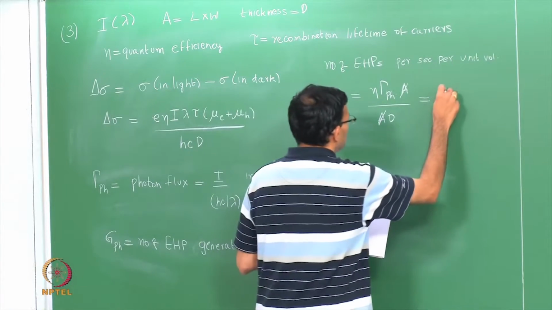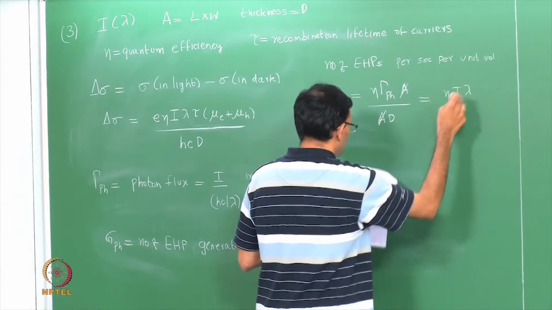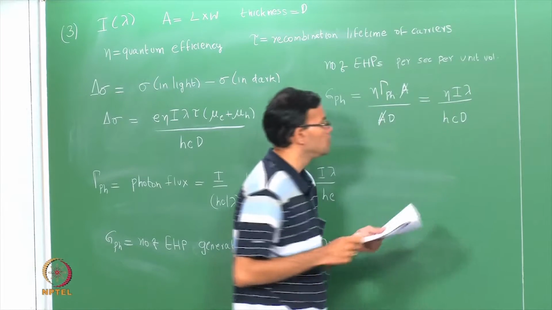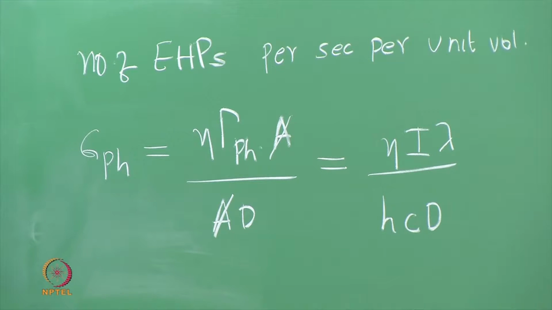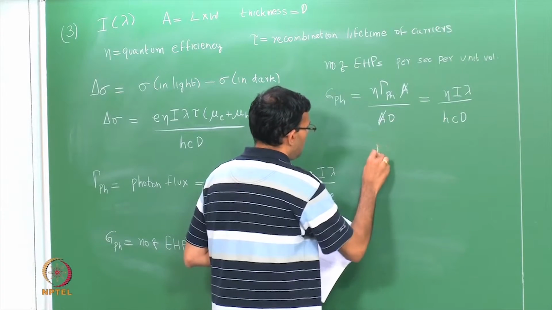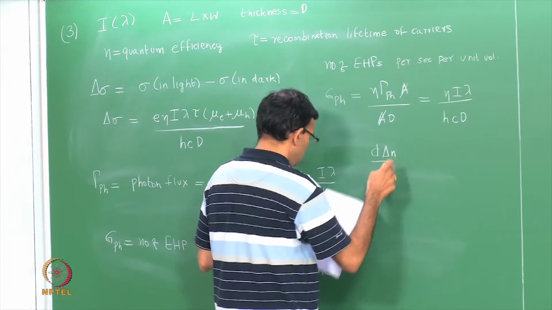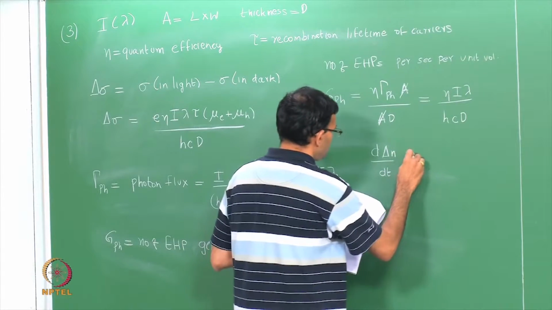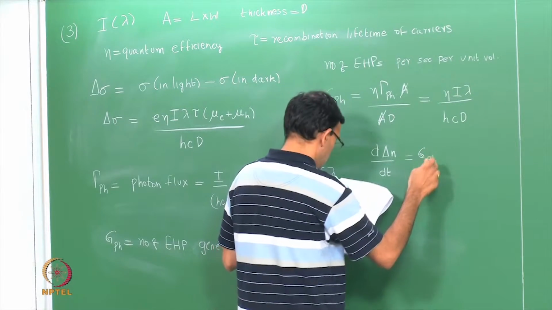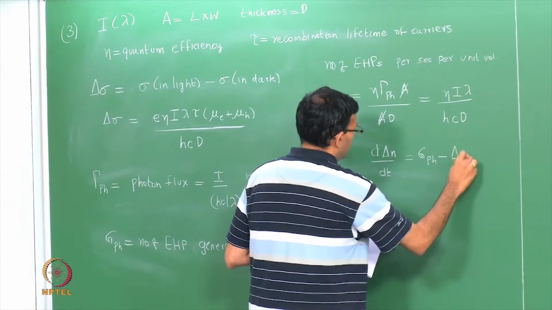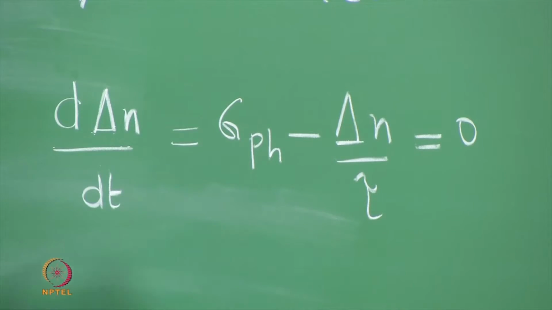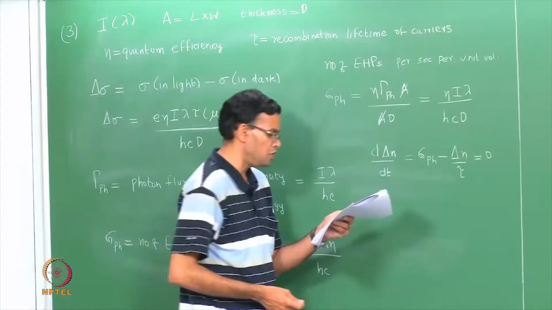So, this is nothing but eta I lambda over hcD. So, again we have a steady state situation. So, we can write the continuity equation. So, if you take the excess carriers to be electrons, then d delta n over dt is nothing but G ph minus delta n over tau, and at steady state this change is equal to 0.